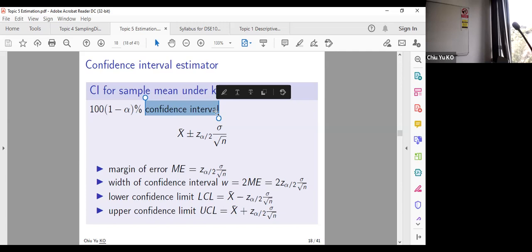Once you found the interval, all the data are fixed, there's no probability you can say. What you can say is, before we do the random experiment, when we do the sampling, you can say 95% that you will include the true mean. But once you figure that out, it's no longer so. What confidence means is that if you repeat your process 100 times, 95 of the times you will include it. You don't know which one, but this is where confidence comes in.